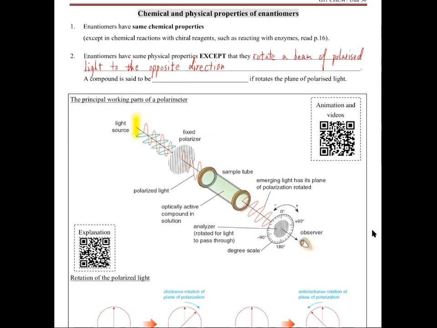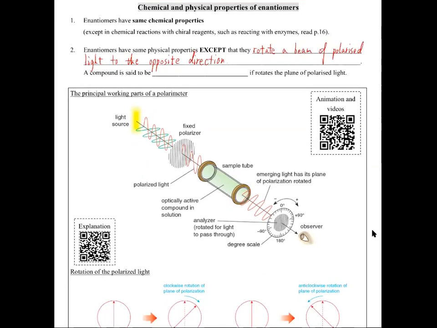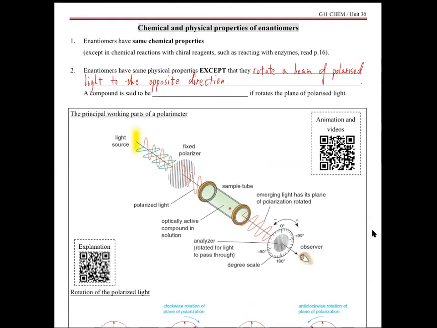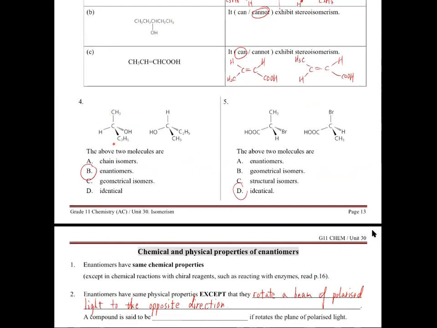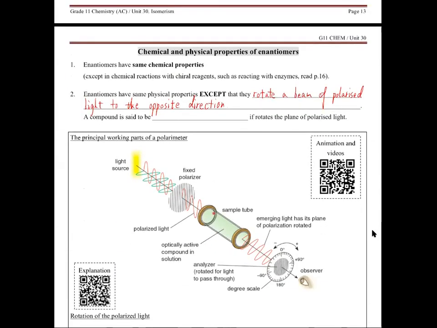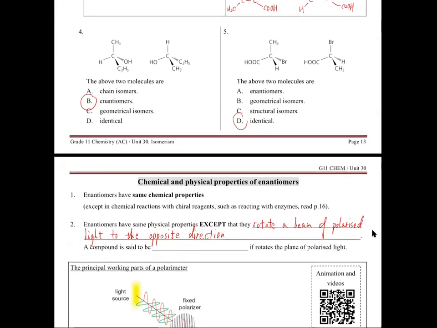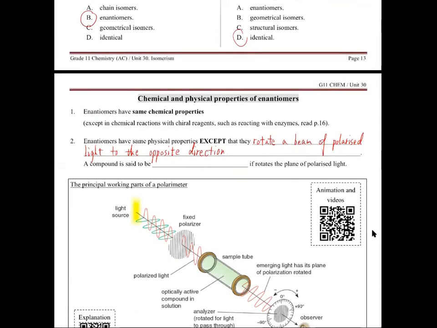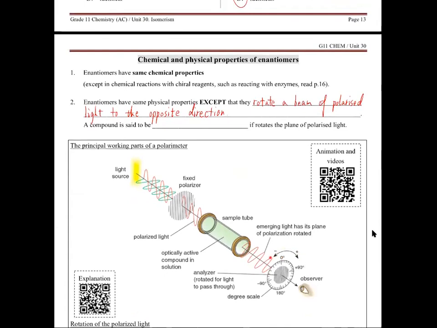So what does it mean? If you take a look at this diagram, if we have a source of polarized light and we put the sample in the tube, and if we only have one enantiomer, for example, only this molecule in this tube, then it would rotate the light to a certain degree and in one direction only. Just for example, if we put this molecule in the tube, it might rotate the light clockwise, let's say by 40 degrees.